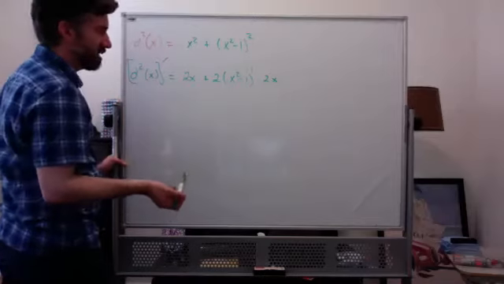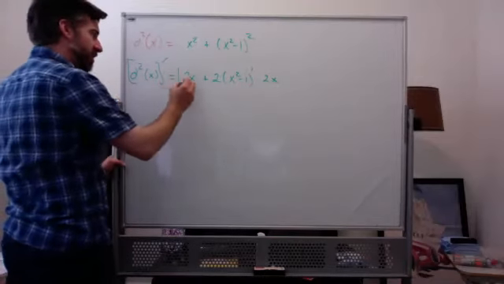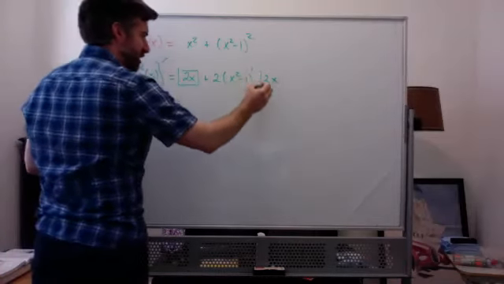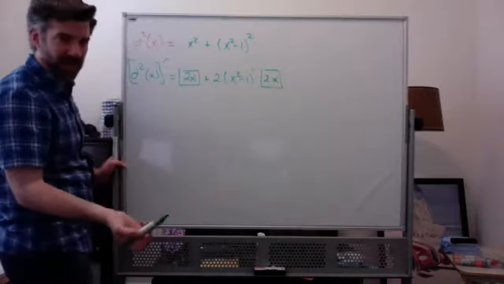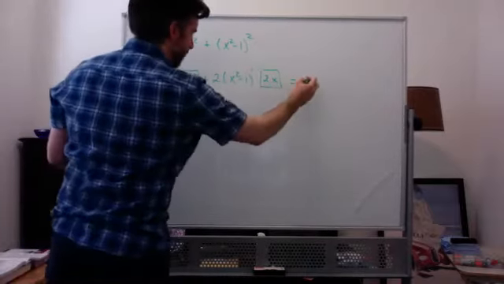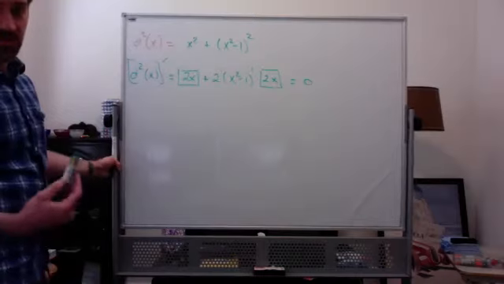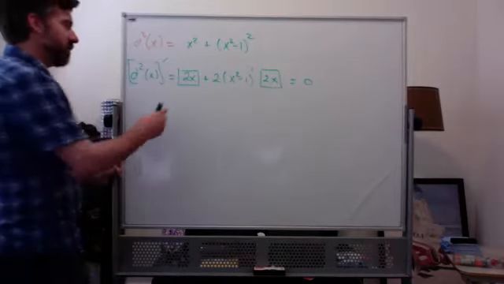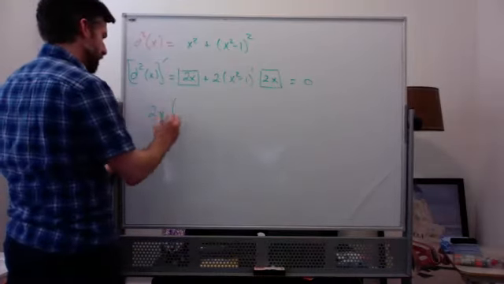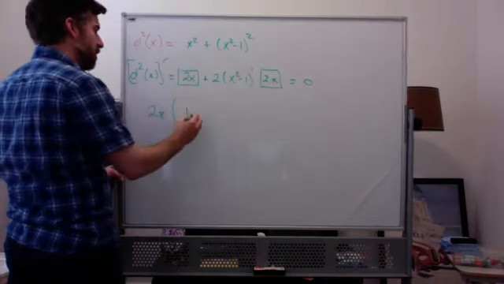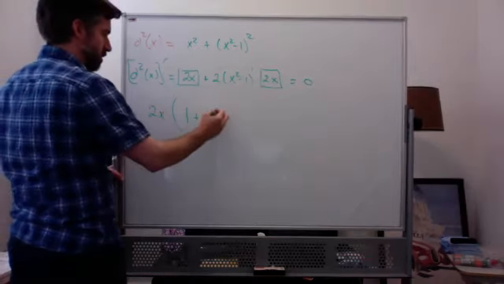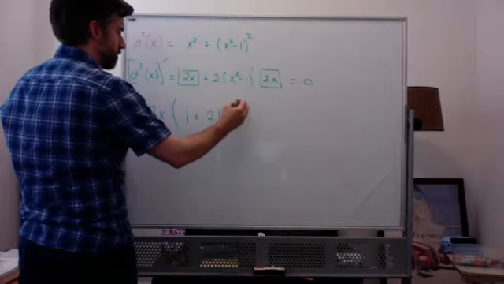So here's what I see right off the bat. I've got a 2x here and a 2x here. I could factor that out. Instead of setting this equal to 0, factoring is usually the thing I'm really trying to do the most. Let's factor out a 2x. I'm left with here a 1, and here a 2 times x squared minus 1.